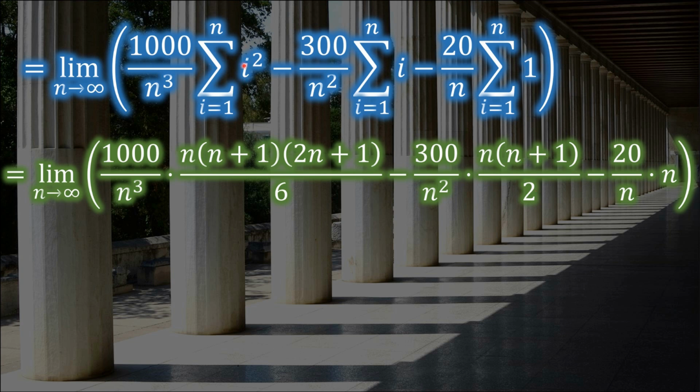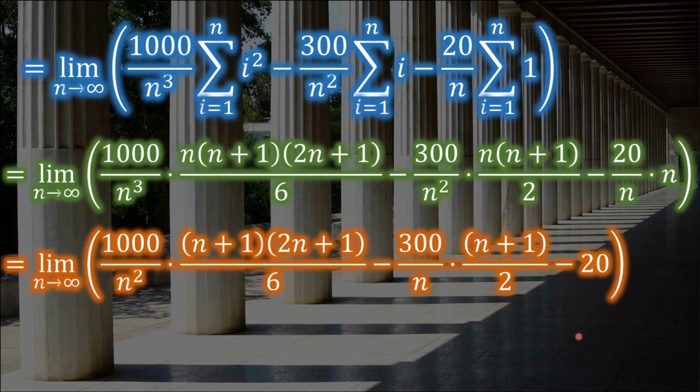And the summation for i squared was n times n plus 1 times 2n plus 1 over 6. We've applied the formula, so now it's a matter of simplifying this. You can do that however you like. I do get some nice cancellations. The n and the n cubed, and the n and the n squared, the n and the n all go away, one after the other.